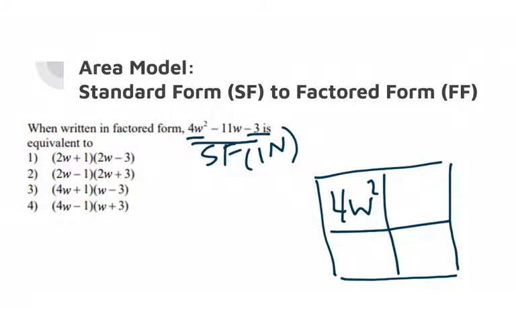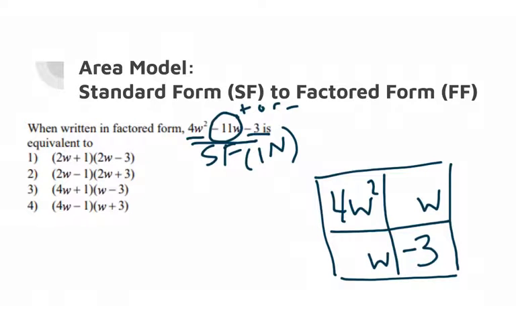My last term goes in the last box. Now, these two remaining boxes will be W terms and must combine, that means either add or subtract, to give you negative 11W, or whatever that middle term is.